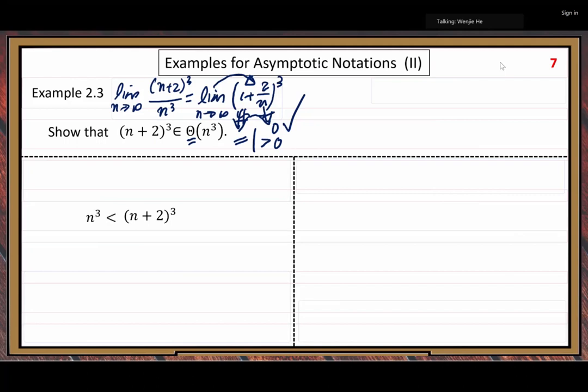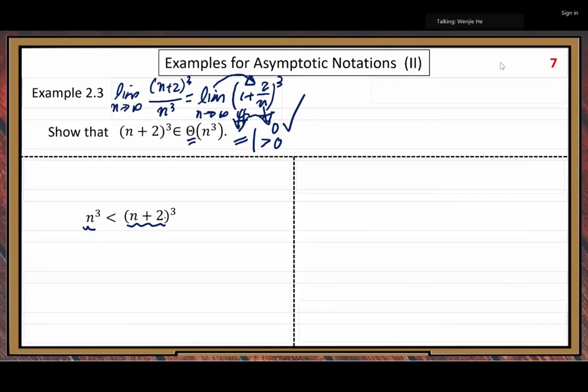So you can see n + 2 is greater than n, right? And we also know this n is a non-negative number. So in that way, we only compare two non-negative numbers, then raise to the cube operation.